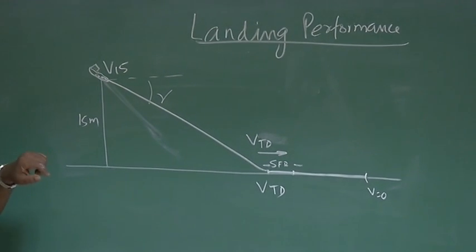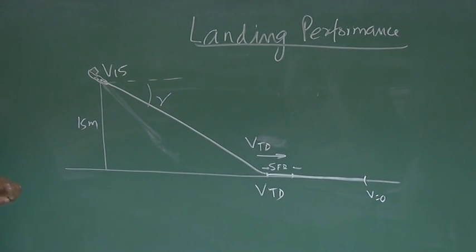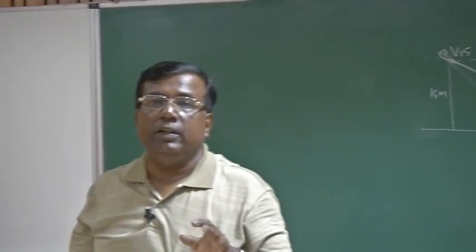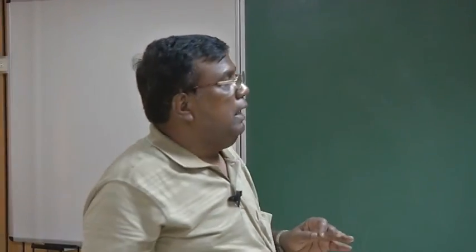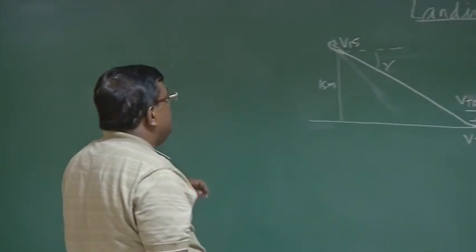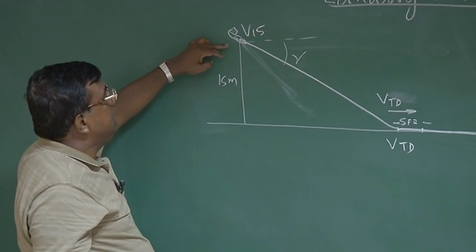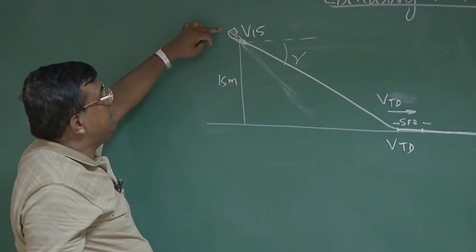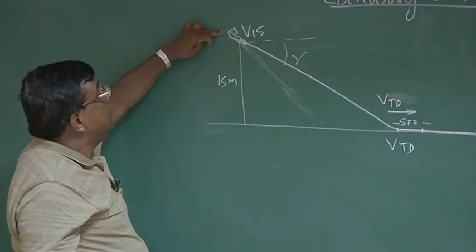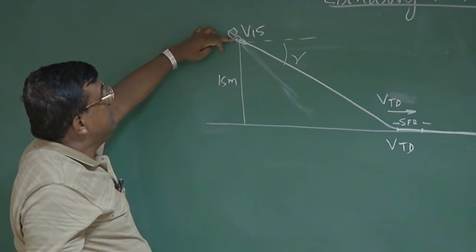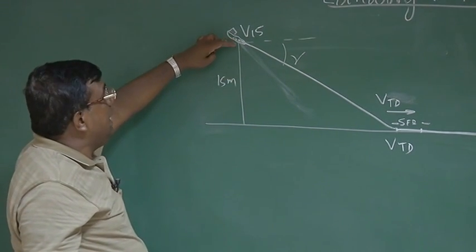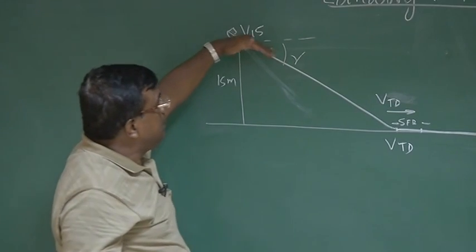But as per regulation, you have to give specific numbers, a specific guideline for the pilot. And as per that guideline, we start talking about landing performance when the pilot has ensured that the airplane is in the approach at a height of 15 meters, comes like this.